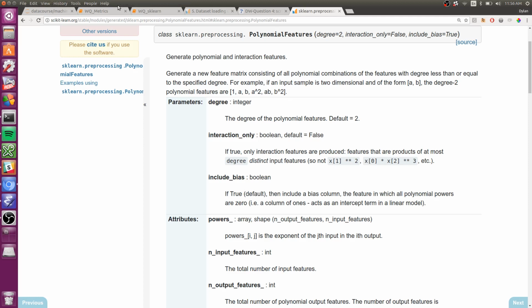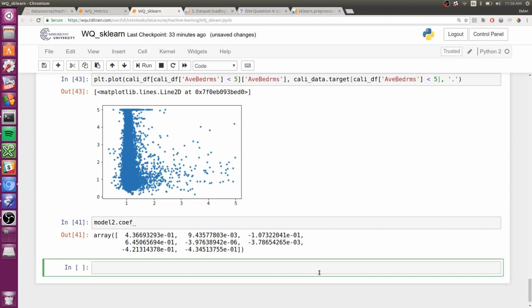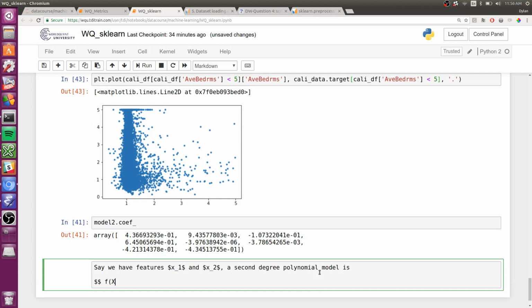And then a polynomial model, if I have a second degree polynomial model, say we have features x1 and x2, is beta naught plus beta 1 x1 plus beta 2 x2 plus beta 3 x1 x2 plus beta 4 x1 squared plus beta 5 x2 squared.